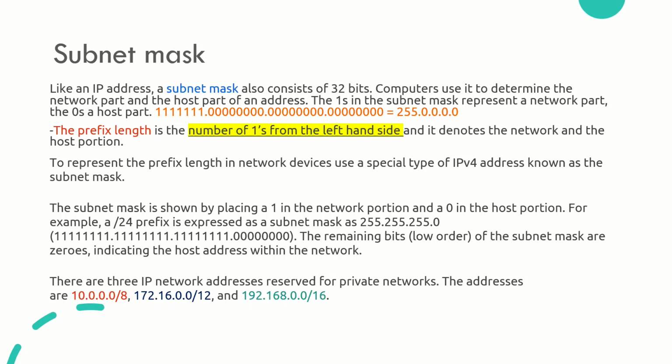Computers use it to determine the network portion and the host portion of an address. The ones in the subnet mask represent the network part. The zeros are the host part.